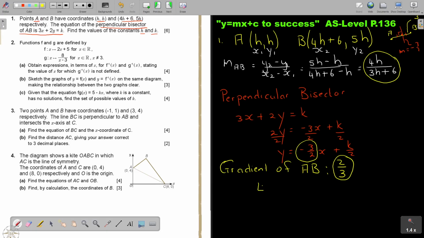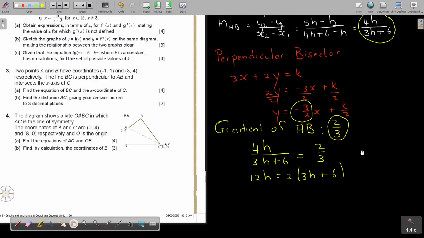So 4h over 3h plus 6 is equal to 2 over 3. So this is going to be 12h is equal to 2 times 3h plus 6. So 12h is equal to 6h plus 12. So 12h minus 6h is equal to 12. So 6h is equal to 12.